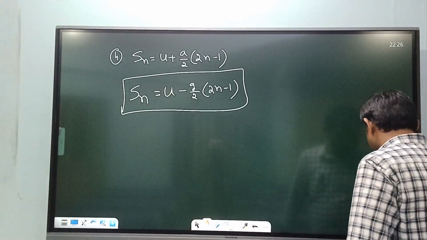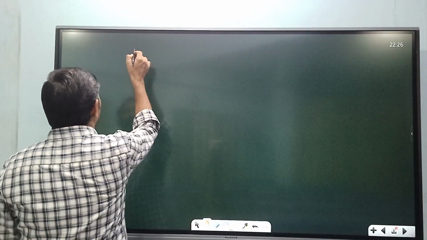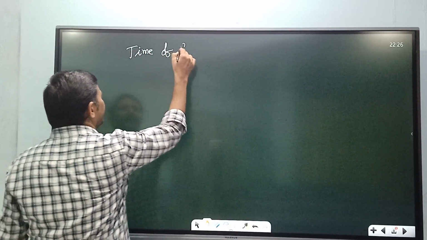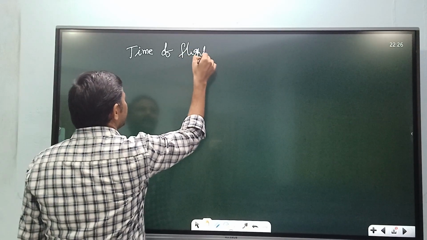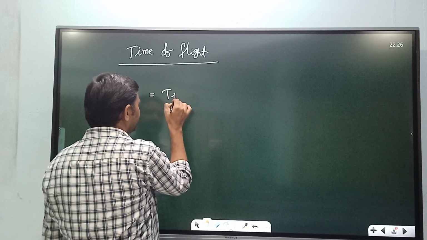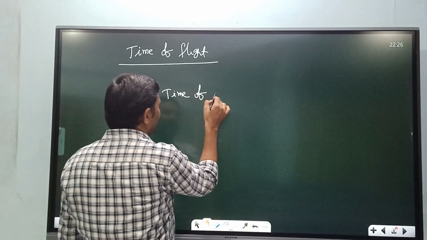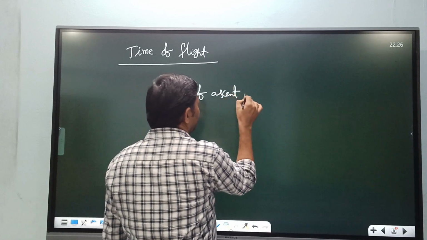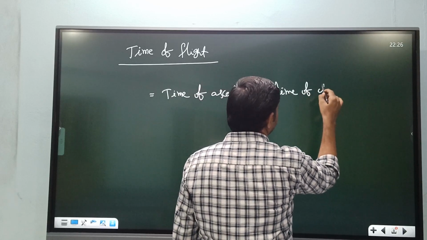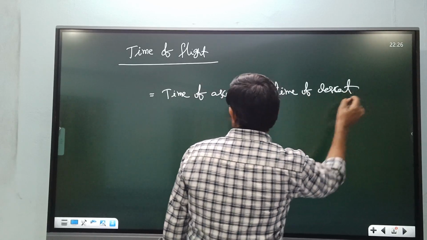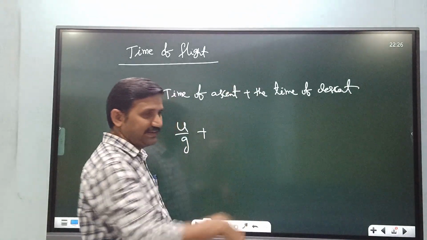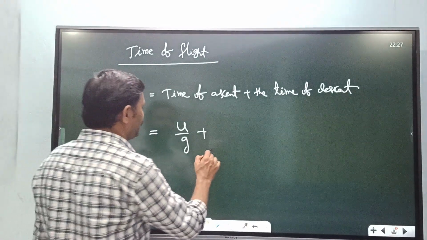Next, what is the time of flight? Time of flight means the time of ascent plus the time of descent. The time of ascent of the body is u by g.